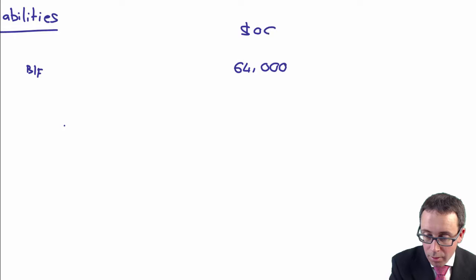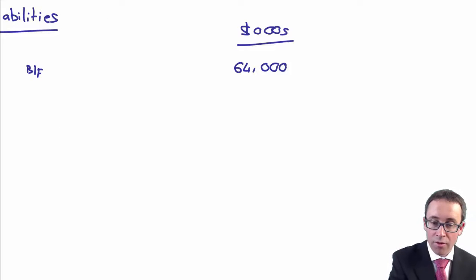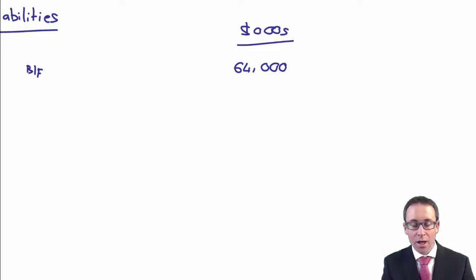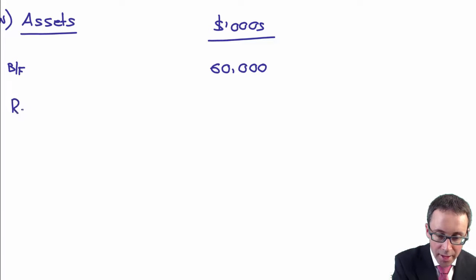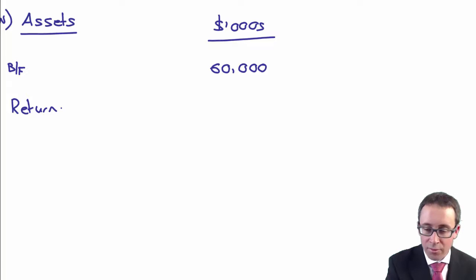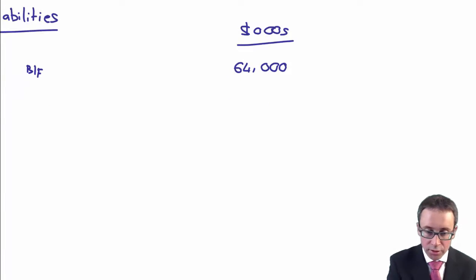So again, in round thousands, 64,000. You've then got the return on the interest. The return on the assets, I think, was 3,000. That's the figure that you recorded in profit or loss.